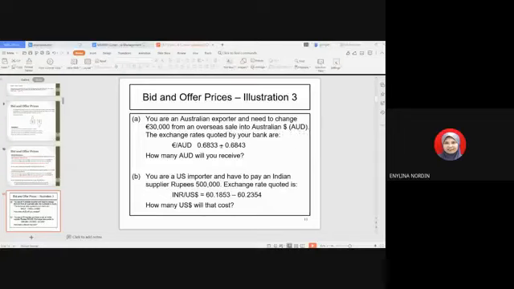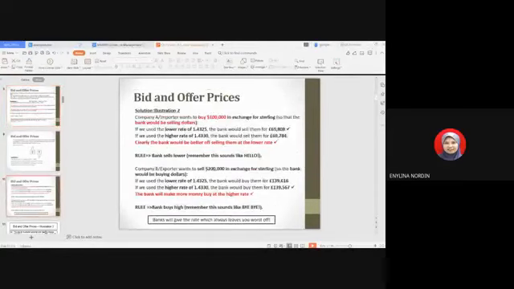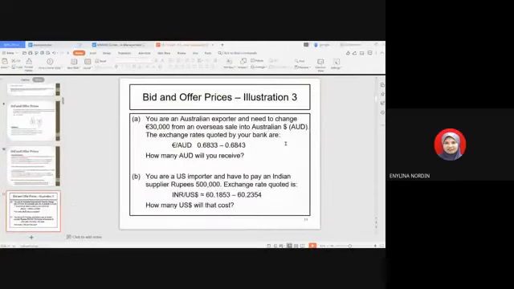The exchange rate here is quoted in, what do we call it today? I forgot, mid price?